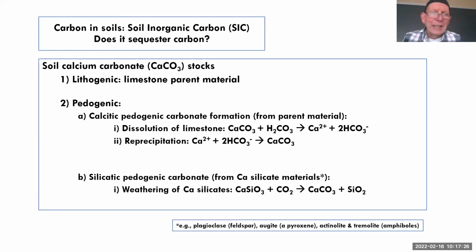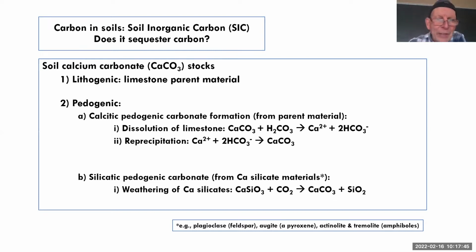And the pedogenic can come from two sources, okay? You can get the dissolution of limestone. Okay, limestone dissolves, that calcium carbonate dissolves, and then it reprecipitates somewhere usually deeper in the soil profile.